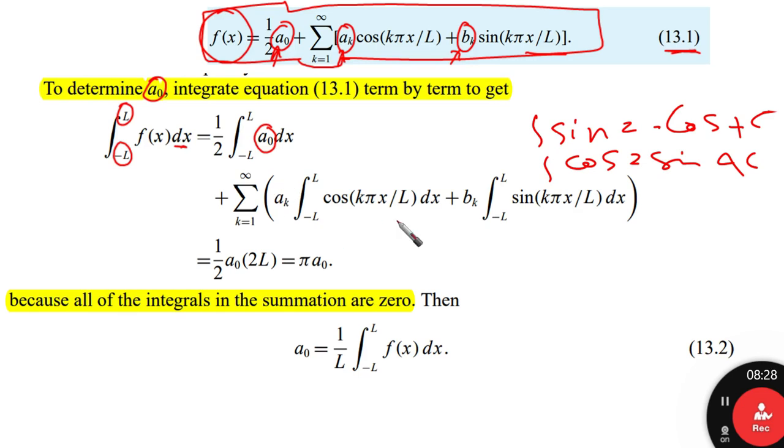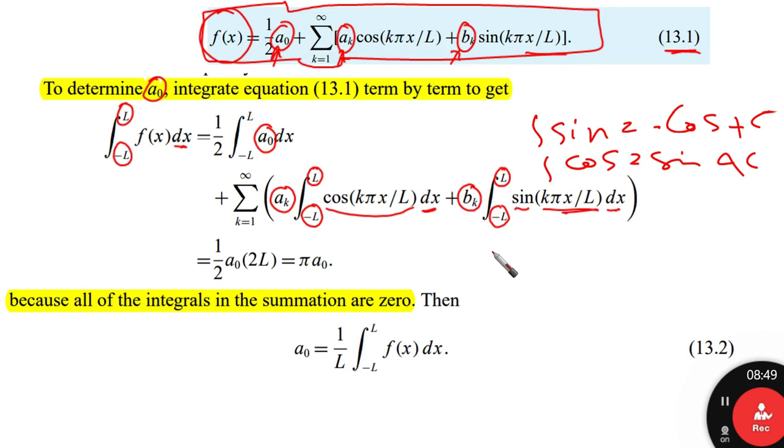Between parentheses, we have ak multiplied by the integration from minus L to L of cosine k pi x over L dx, plus bk, the integration from minus L to L of sine k pi x over L dx.